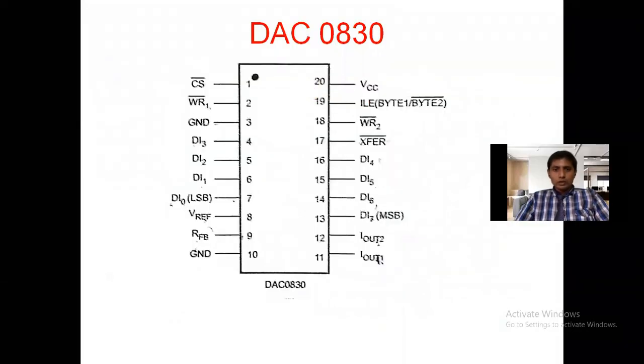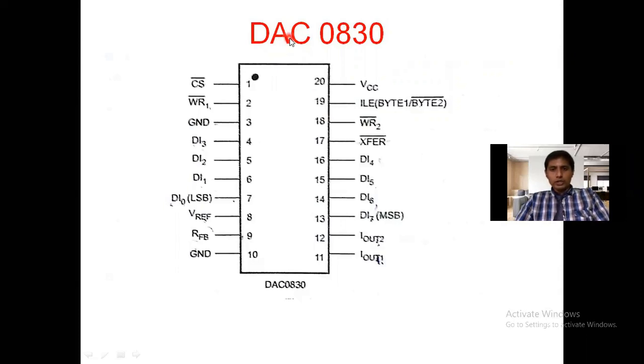Here, first of all, this DAC 0830 has 20 pins in total, 10 on one side and 10 on the other side, pins 1 to 10 and then 11 to 20. We know DAC takes digital input and makes it into analog output. Digital to analog converter. With the help of DAC we can convert digital data into analog.